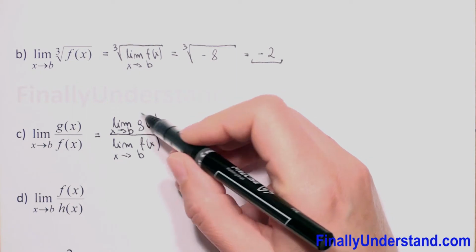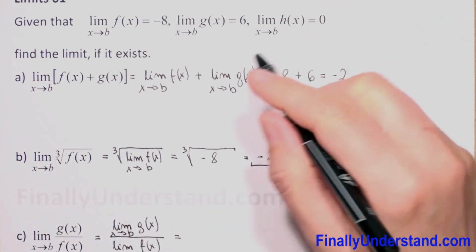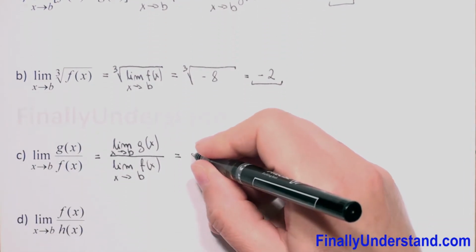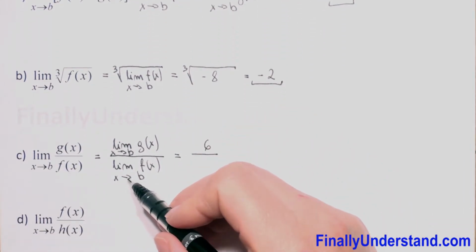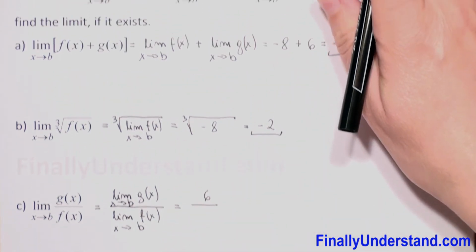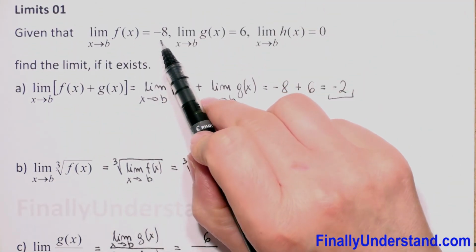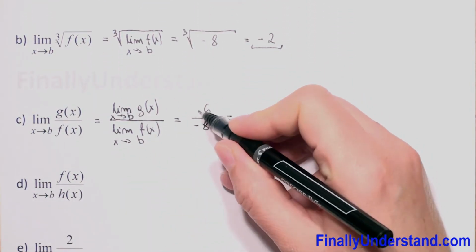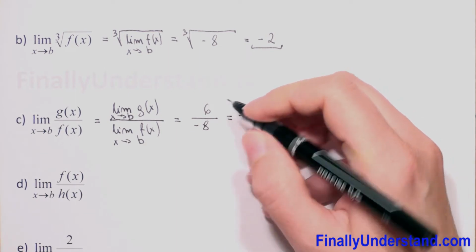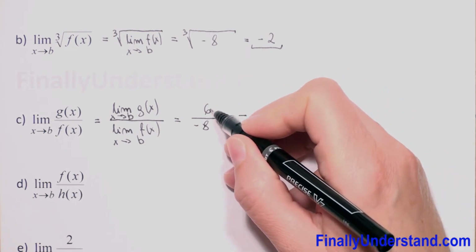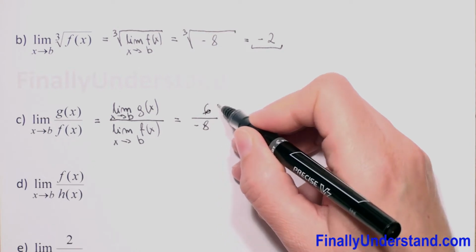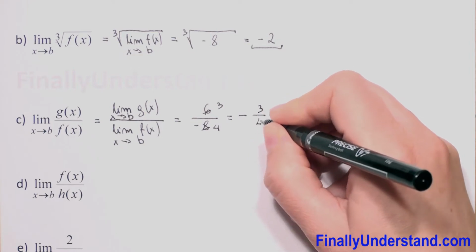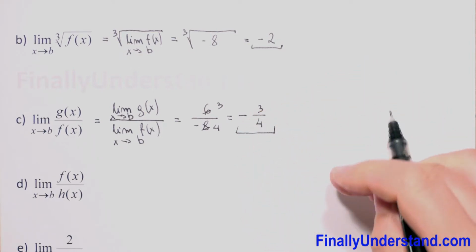Now we just replace the numerator by 6 because it is given, and in the denominator we have the limit of f of x as x approaches b. We know that this is equal to negative 8. So we have positive over negative, which will be negative, and we can reduce 6 and 8 by 2. So it will be 3 over 4. So this is our answer, negative 3 over 4.